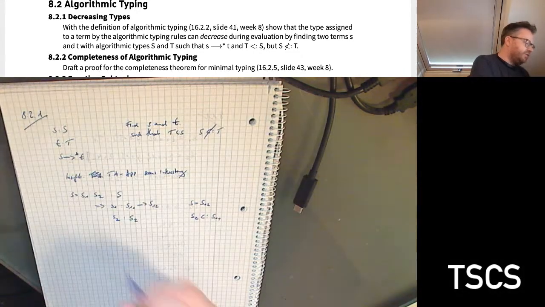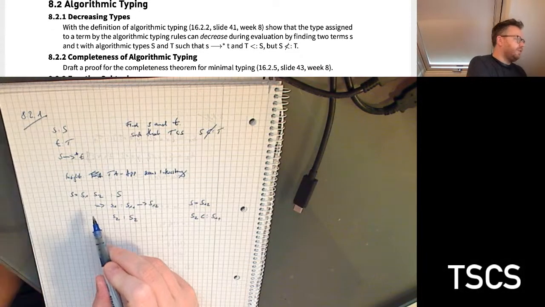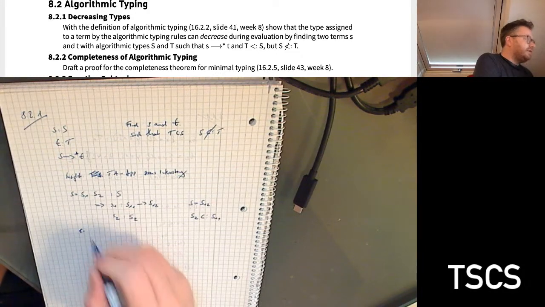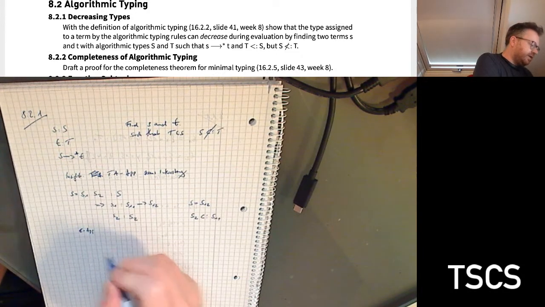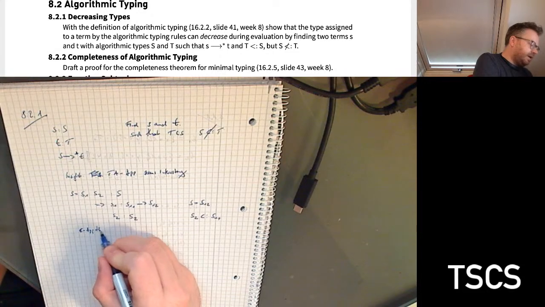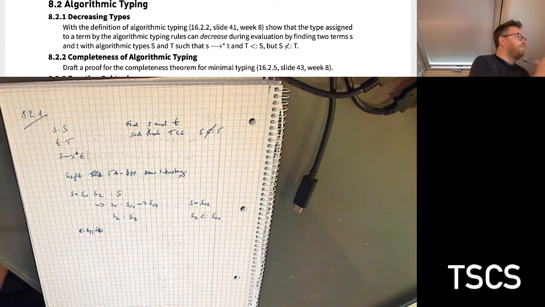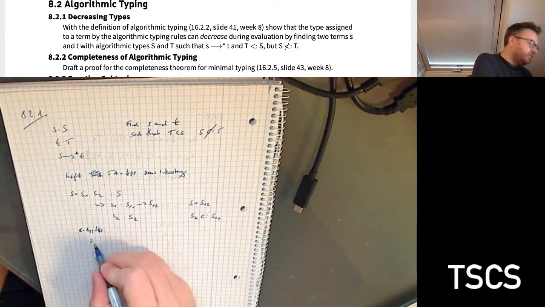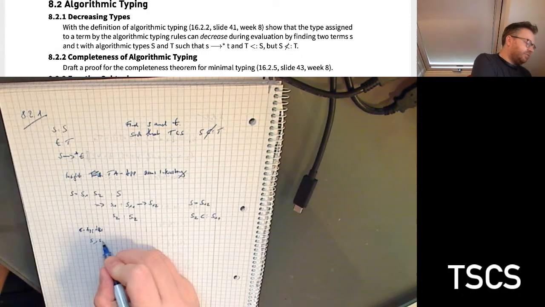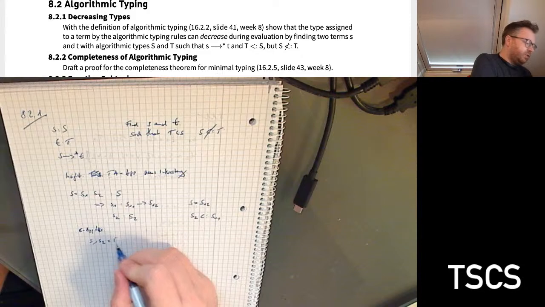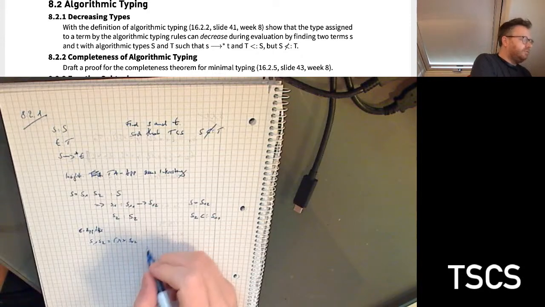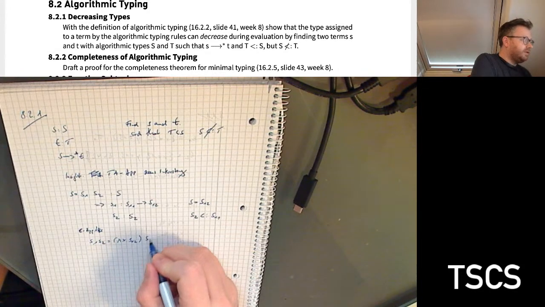So let's try to see what comes out of evaluation. Let's take the evaluation rule, app-abs. From this we know that S1 S2 we can also write as something that takes an X with S12 in the body and takes S2.